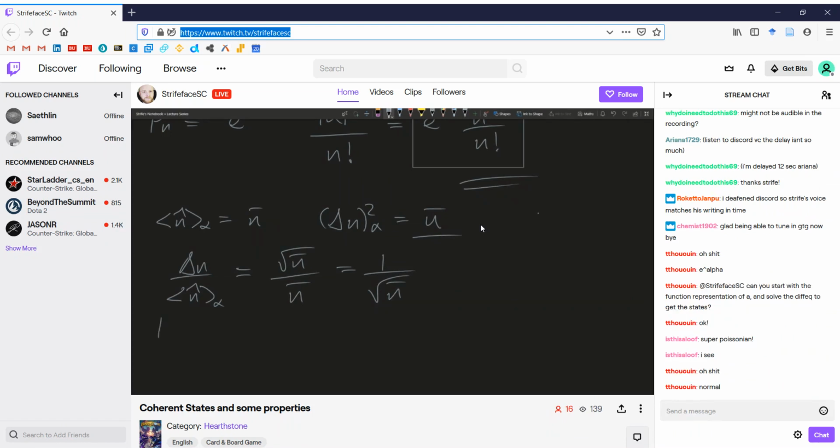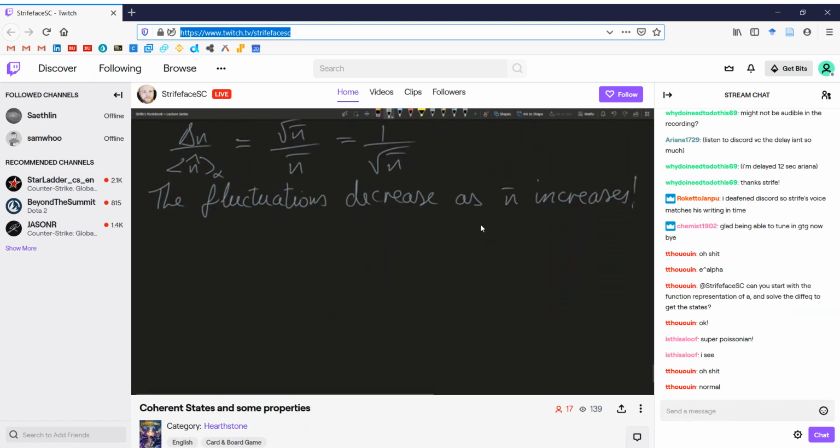So we're going to introduce the electric field operator once more. Now we're going to reintroduce the field operator, with e to the minus i omega t.